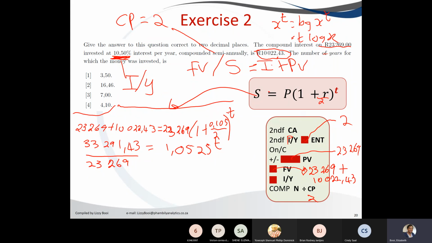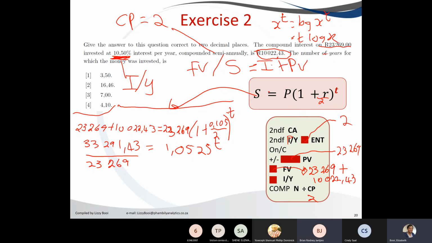And on this side, we just divide 33,291. Is it correct? Am I calculating it right? Let me just double check this. 23,269 plus 10,022.43 equals 33,291.43. So I've done it right.